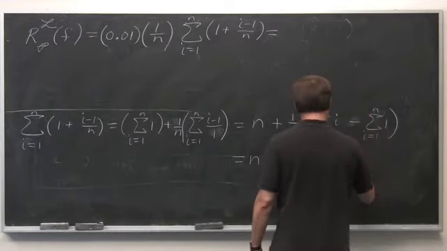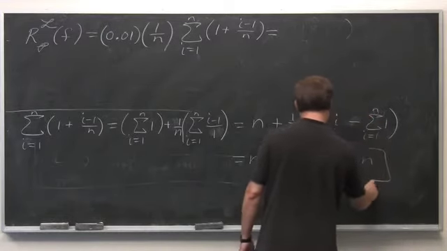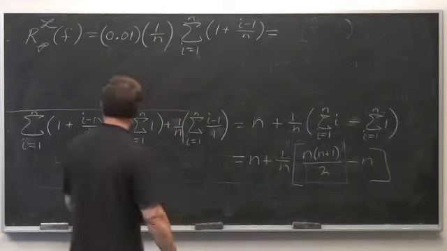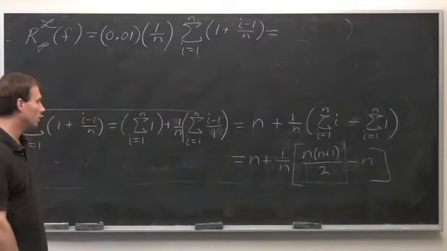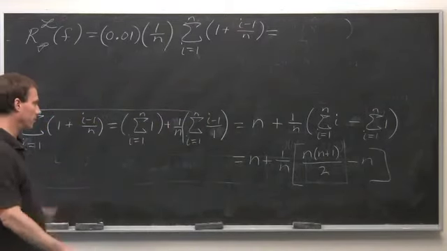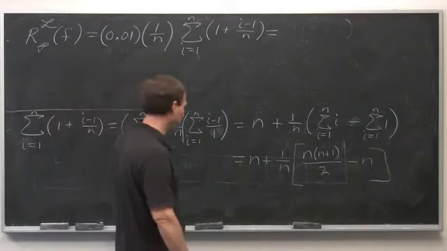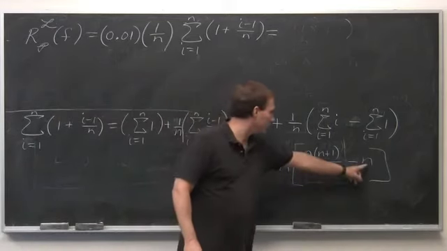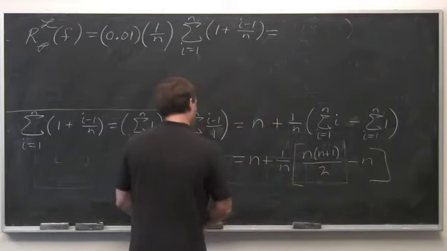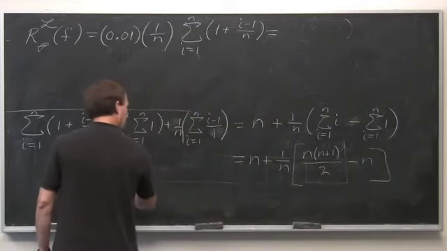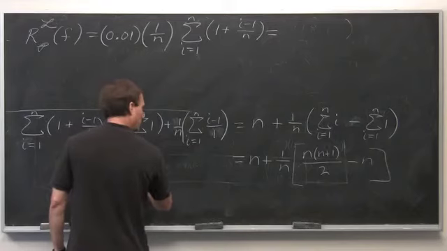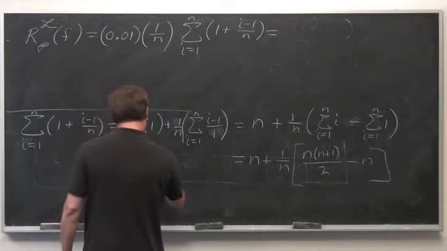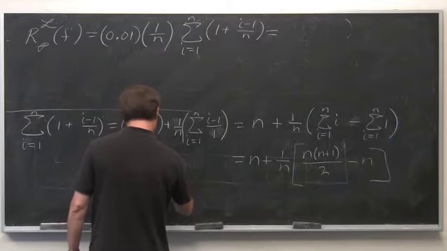And then you subtract n. All right, if you do a little simplification, multiply by 1 over n, it'll cancel that n. You'll get a 1 there. So this is the same as n plus (n plus 1) over 2 minus 1.